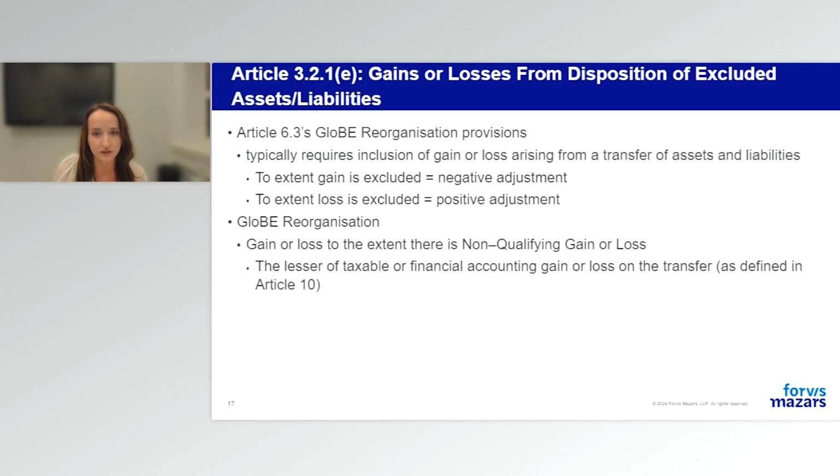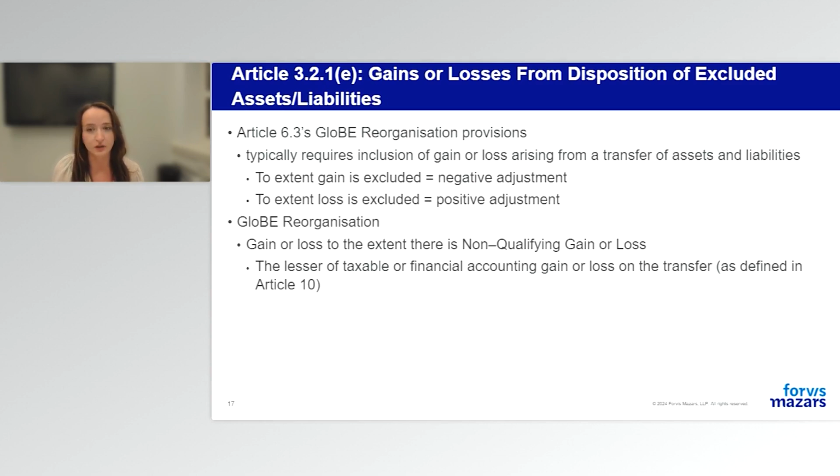Moving ahead, let's discuss the adjustments required for gains and losses from a disposition of assets and liabilities. This is also included in Article 6.3, the GloBE reorganization provisions. Results from asset sales are generally included in the GloBE income computation, even when the buyer is a group entity.